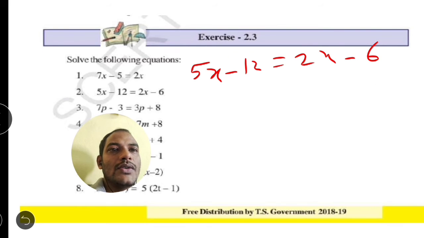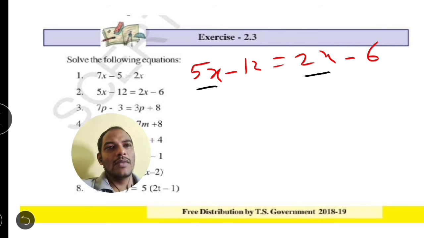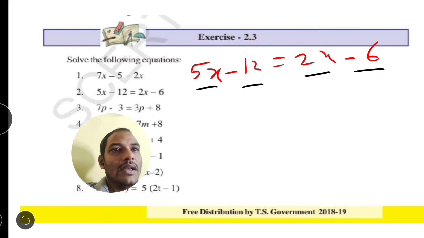Next, coming to the second problem: 5x minus 12 equals 2x minus 6. First of all, what are the variables in this? 5x and 2x. You have to write them on the LHS. Next, constant numbers. What are the constant numbers? Minus 12 and minus 6. Write them on the RHS side.